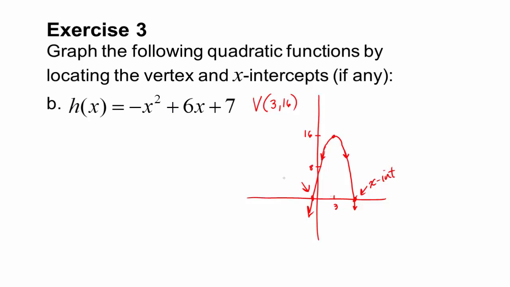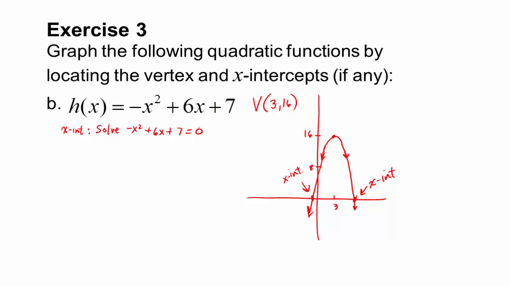There's another x-intercept. Okay? So let's see. How do we do that again? To get the x-intercepts, we solve for x in minus x squared plus 6x plus 7 is equal to 0.